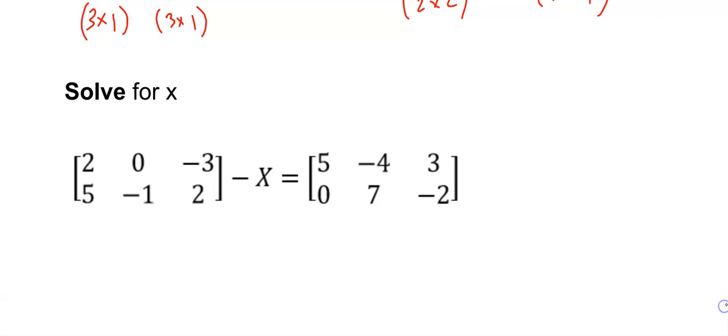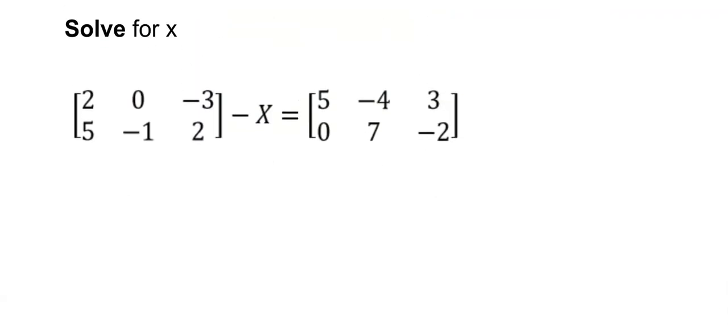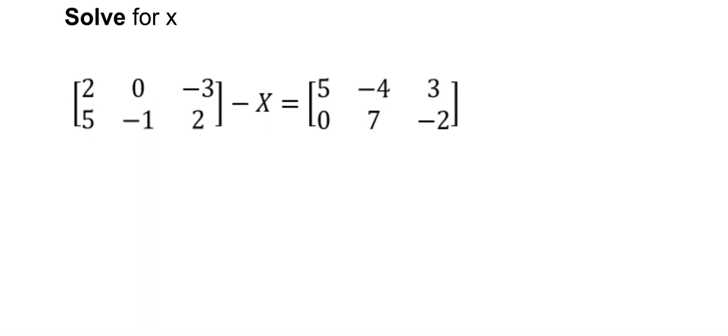So this one, you see there's an example in the book of something like this, and I want you to be able to do, first of all, subtraction, and also kind of a more difficult one like this. So for this one, you have this first matrix, that 2, 0, -3, 5, -1, and 2.